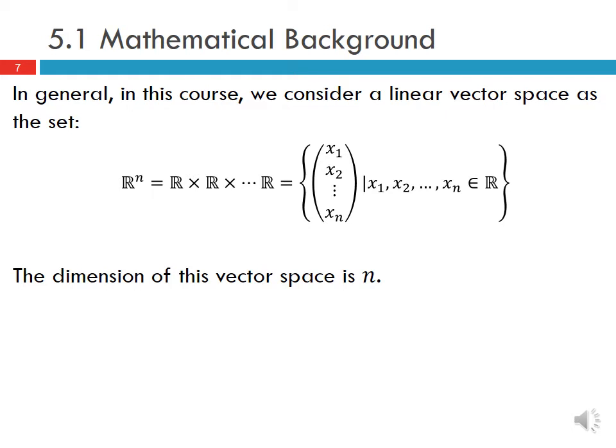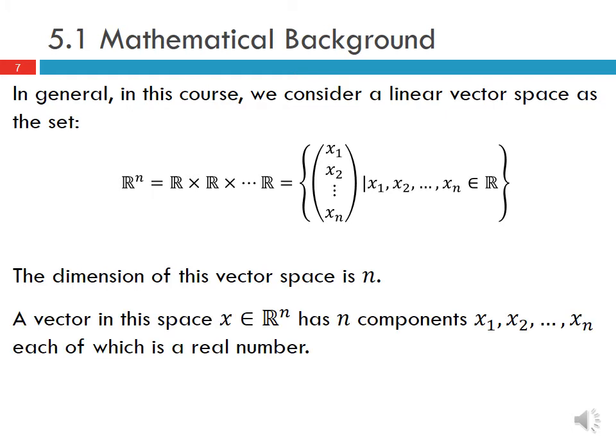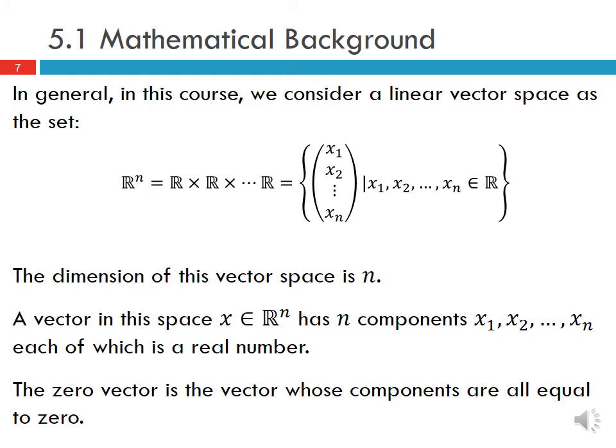So the dimension of this vector space is n, and a vector in this space, so x in Rn, has n components, x1, x2, xn, each of which is a real number, as we said. And the zero vector is the vector in the space whose components are all equal to 0.